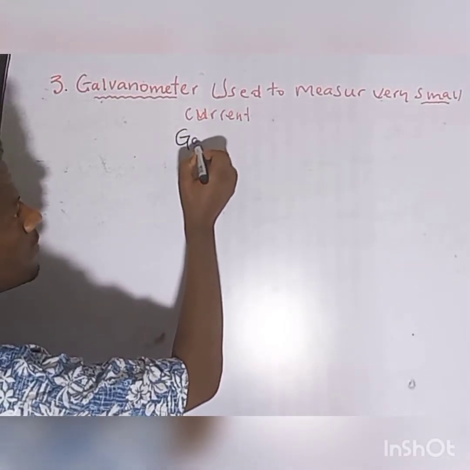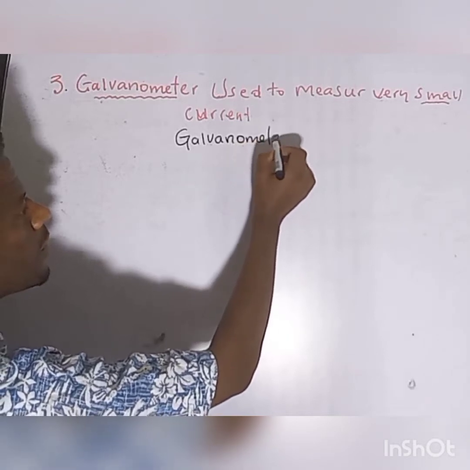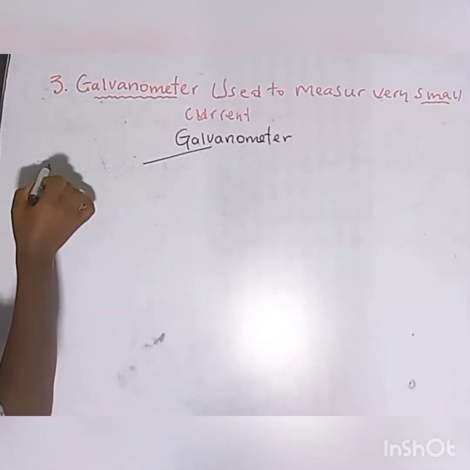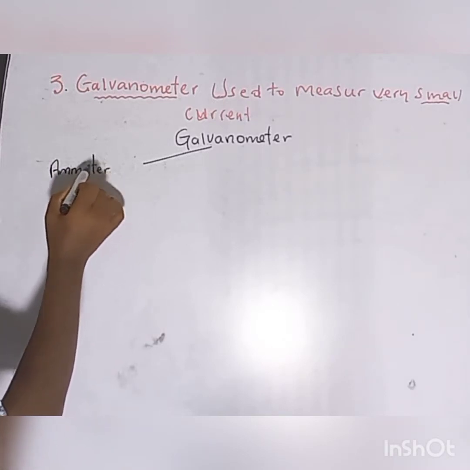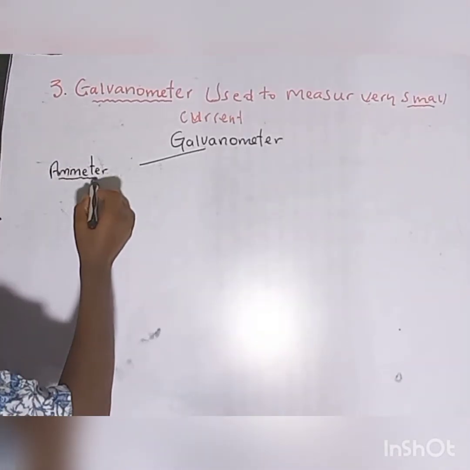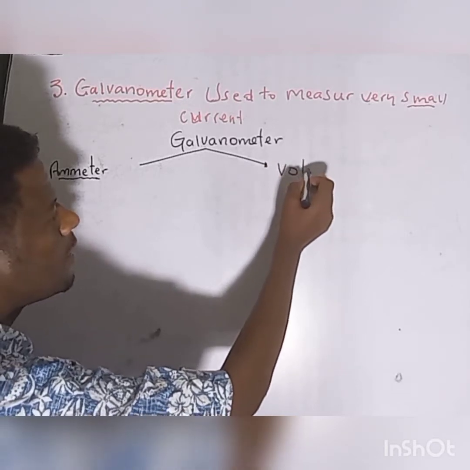Galvanometer as an ammeter, we can use to measure a large current, and the second one, galvanometer as a voltmeter.